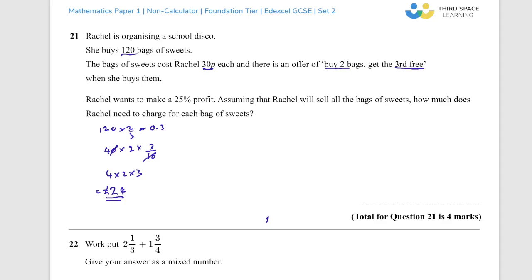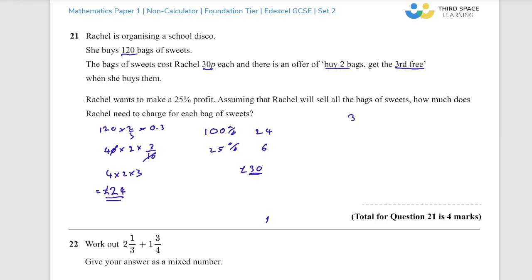So I'm going to say if 100% of the bags cost £24 and I want to add on 25%, so 50% would be 12, so 25% would be £6. So she wants to make £30 in total on the 120 bags.